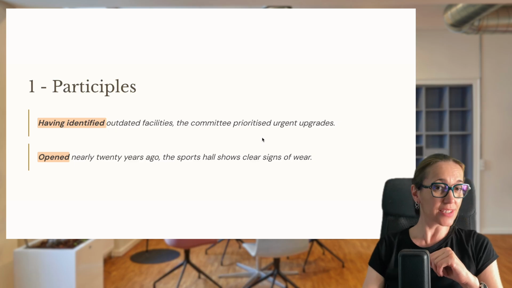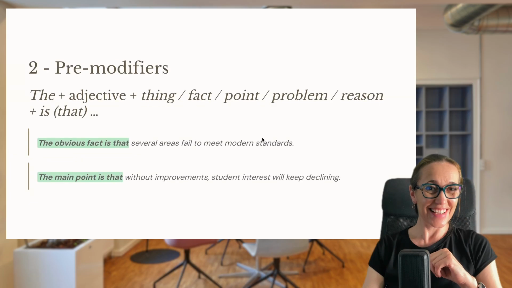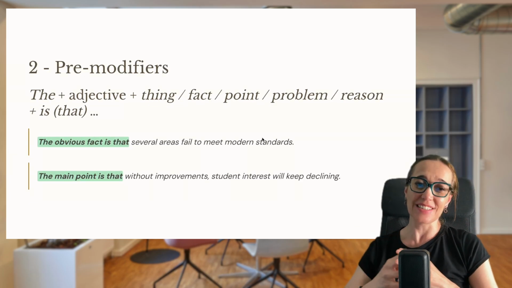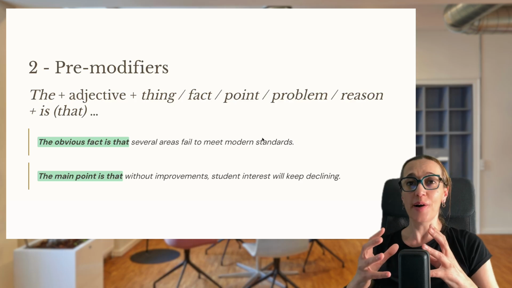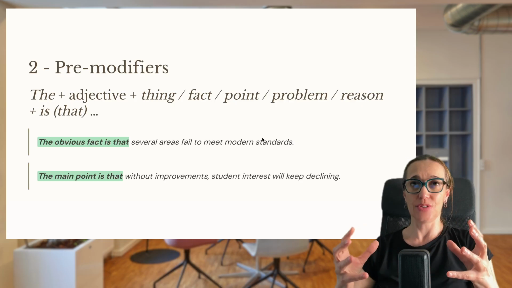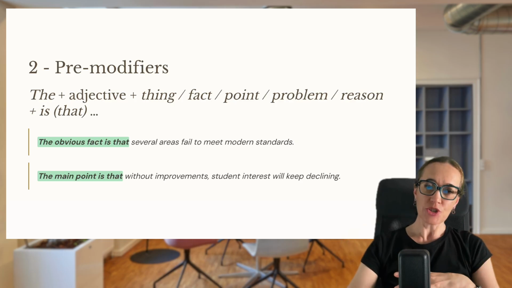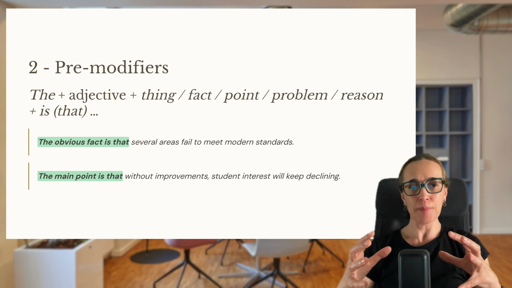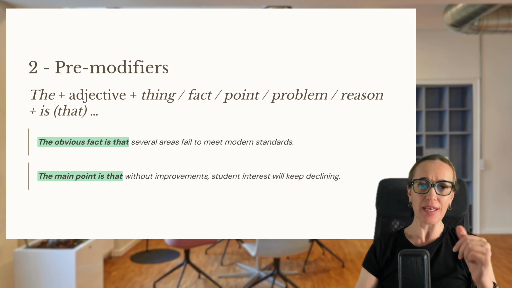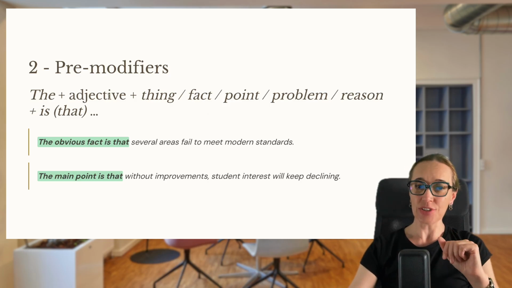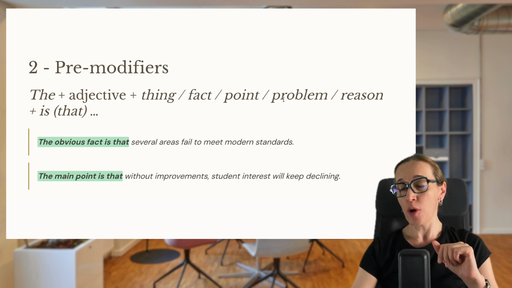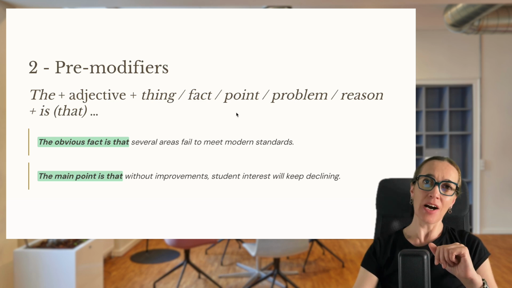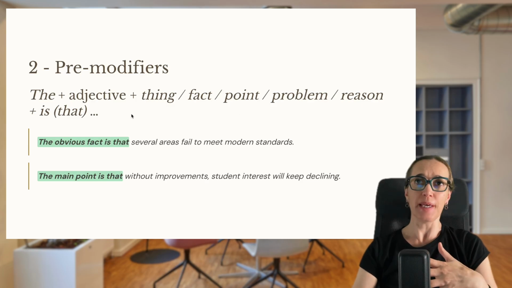Our next slide is the presence of pre-modifiers. What is this? This structure is made up of the article "the" and then an adjective, and one of these: thing, fact, point, problem, or reason, and then the form of the verb "to be".